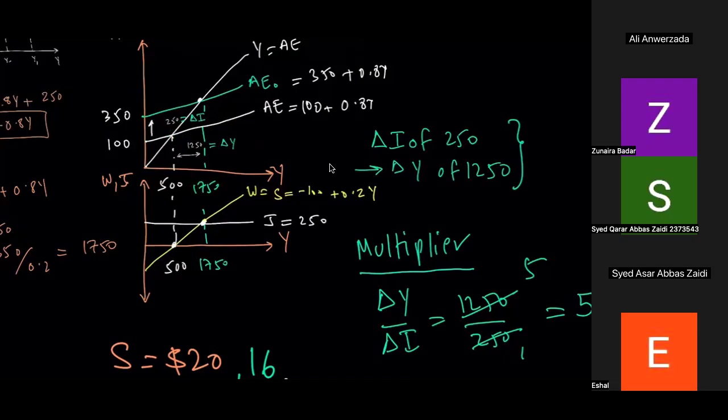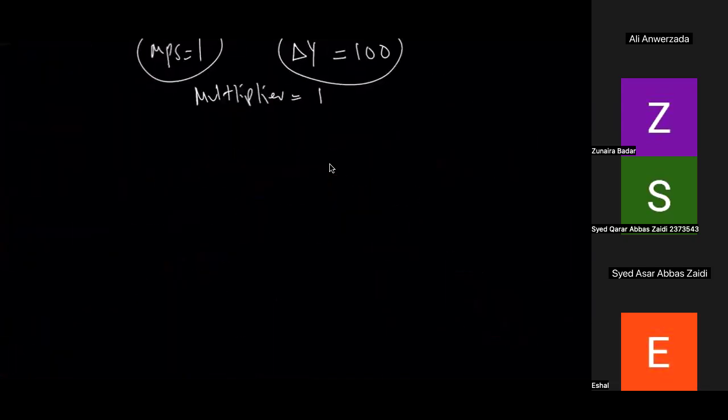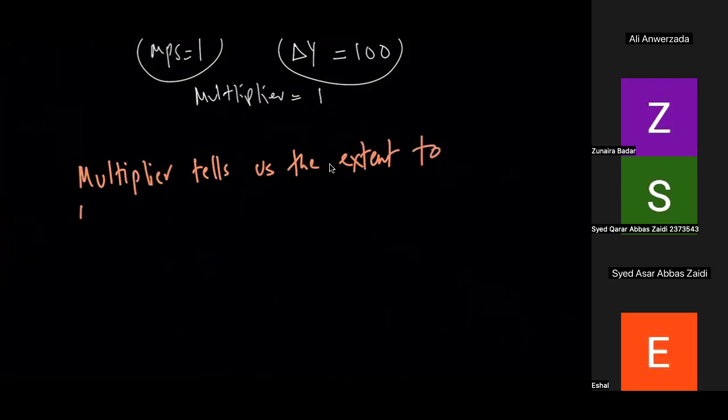Right, so multiplier, let me write this down, this is a good point. Multiplier tells us the extent to which GDP rises due to a rise in AE.